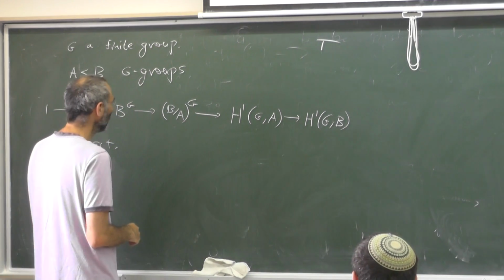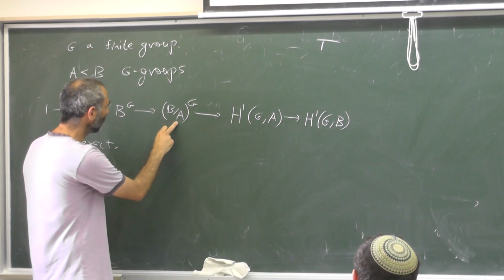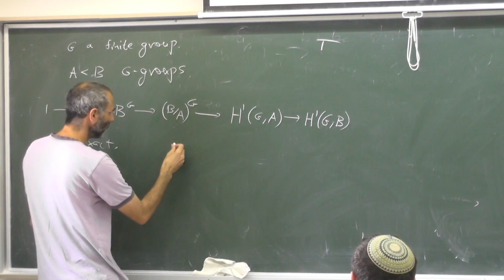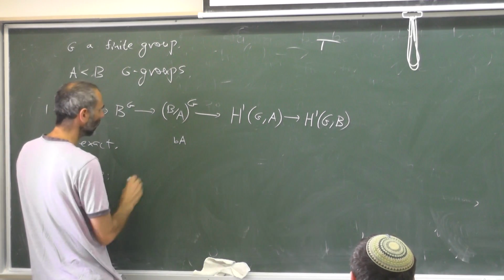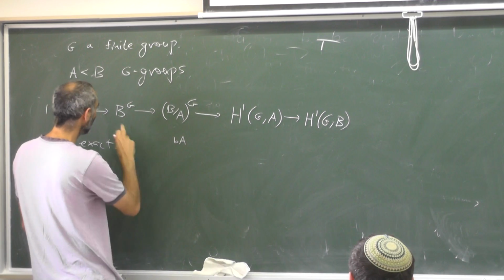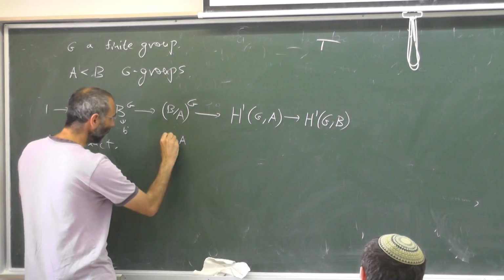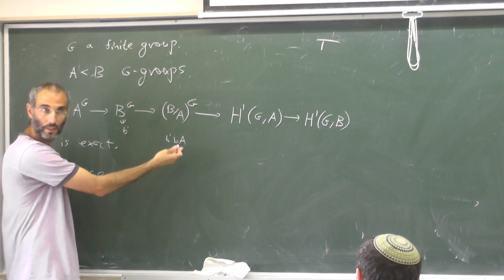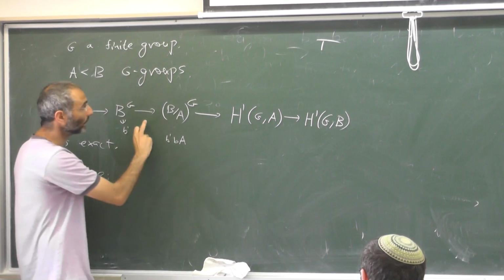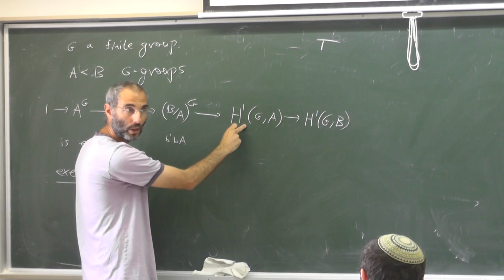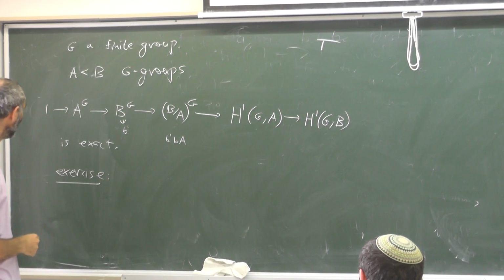If I take another coset, BA is one coset, and then I apply an element, some B prime, I will get another coset, but which will be isomorphic. So it will have the same image here. It will be isomorphic as a G-A space.